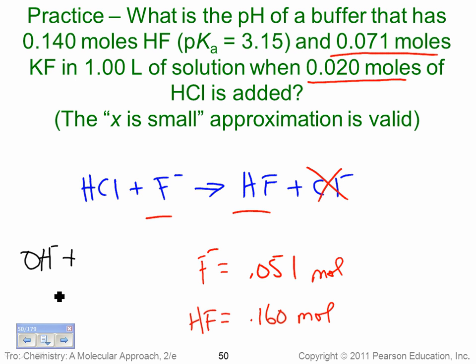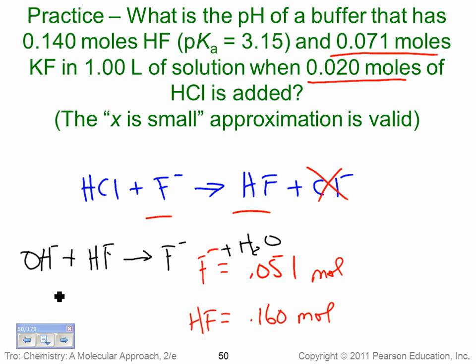If I add hydroxide, which one of those two is it more likely to react with? Water doesn't matter because there's lots of water there already. It just joins the rest of the water and goes on its merry way.